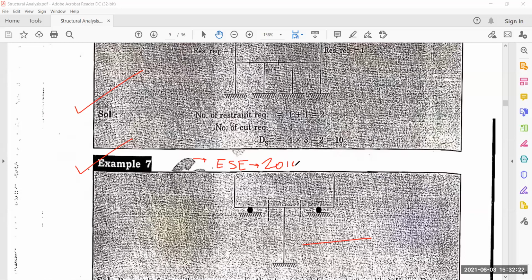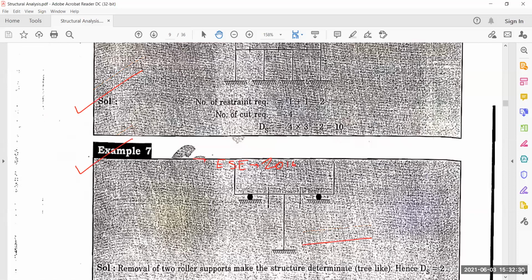Do not make a hurry. Slide a little above. Take your time and solve this question. I think someone got answer 2, someone got 4, someone got 2.